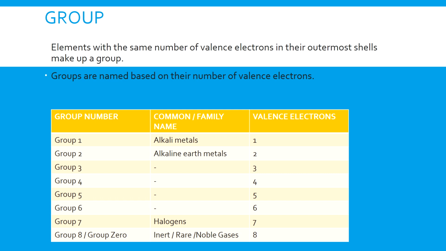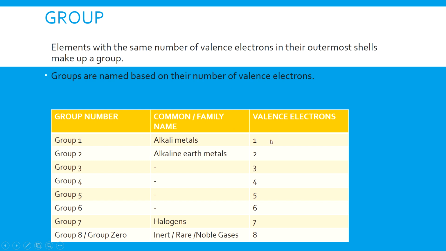Another name for group 8 is group 0. These ones have common names or family names. The group name is based on the number of valence electrons.